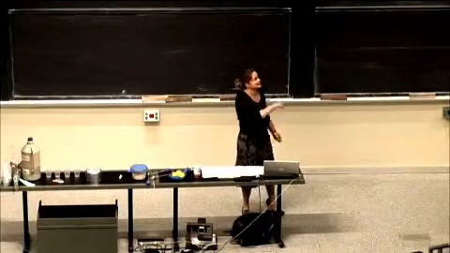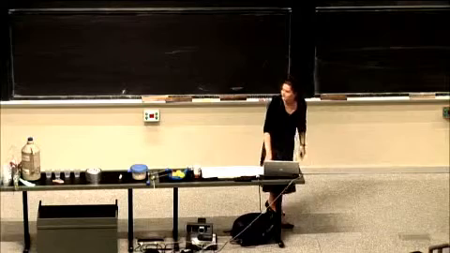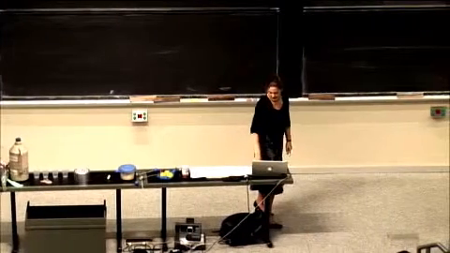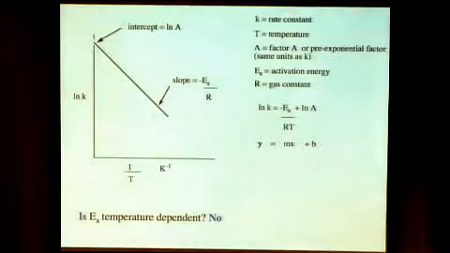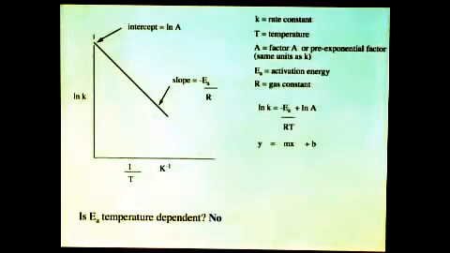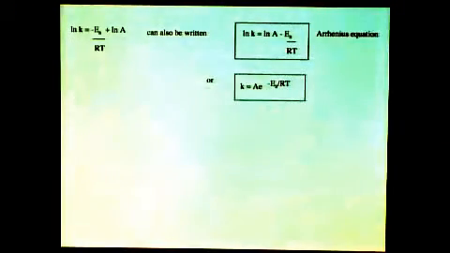All right, so let's go back to this. So we found out that no, activation energy is not temperature dependent. All right, so what are you going to see on your equation sheet on the final? You may see a couple of different forms that are all equivalent to each other. So here is the plot of a straight line.